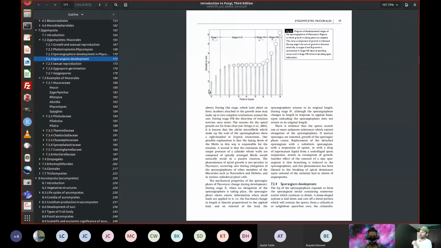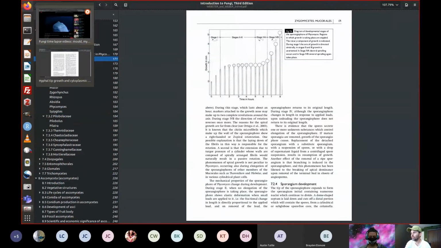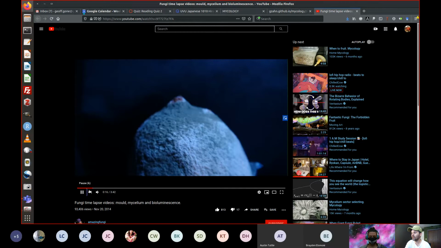And it's interesting, it talks about in the book how this twists one direction as it's growing and then twists the other way. And then as the sporangium itself is developing, there's no actual vertical growth of these things. So this video does a good job of actually showing that in action.